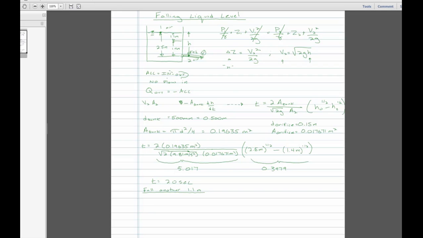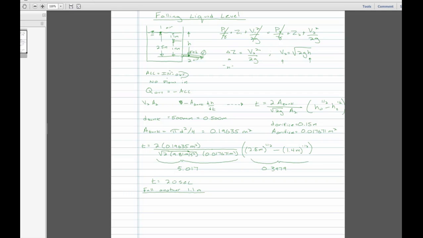But after h dropped, the velocity decreases, and since the velocity is decreased, the flow rate out of the tank is decreased. So will it take more time or less time for it to fall another 1.1 meters? It should be clear that it's going to take more time because the flow rate out is decreasing. Therefore, it's going to take longer for it to fall the same 1.1 meters that it did before.